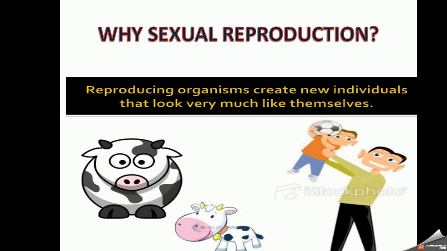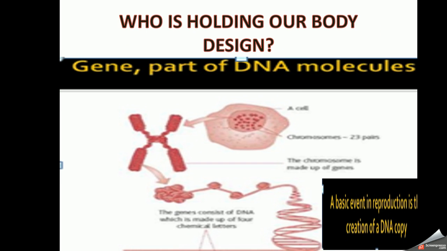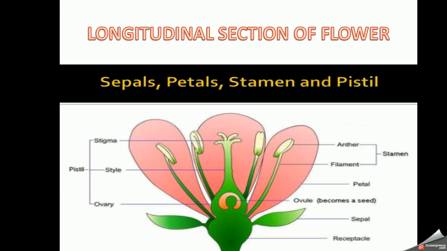Now coming to the male and female, these are called female. Pistil is also known as carpel, so you can call it carpel as well as pistil. These are the female reproductive parts which contain stigma, style and ovary. Now coming to the male, it is the stamen which contains anther and filament.